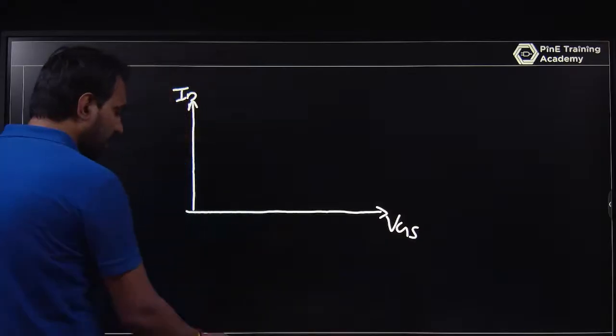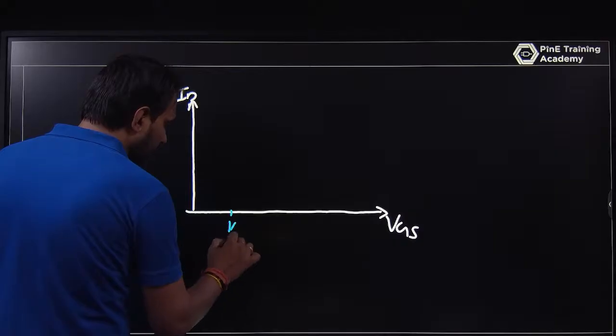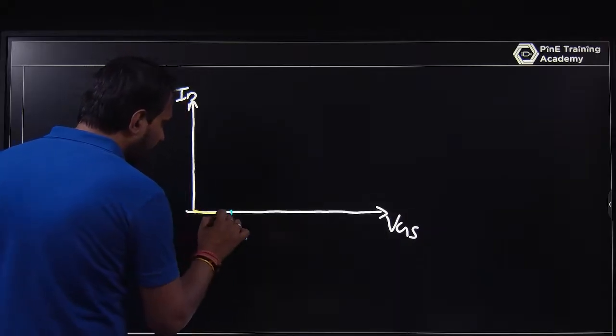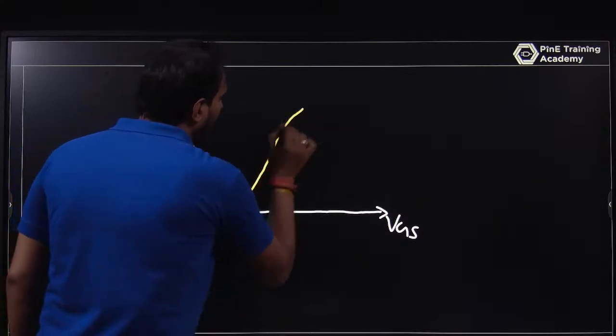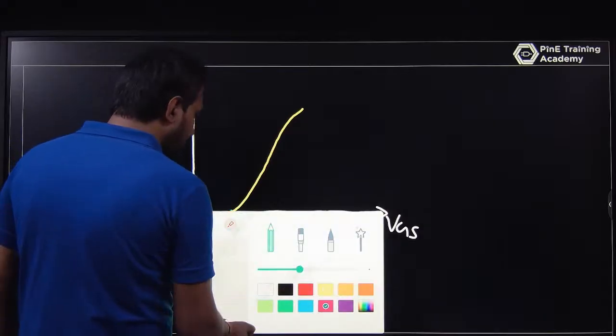So in ID versus VGS, this will be a graph. Okay, this is for some VDS.